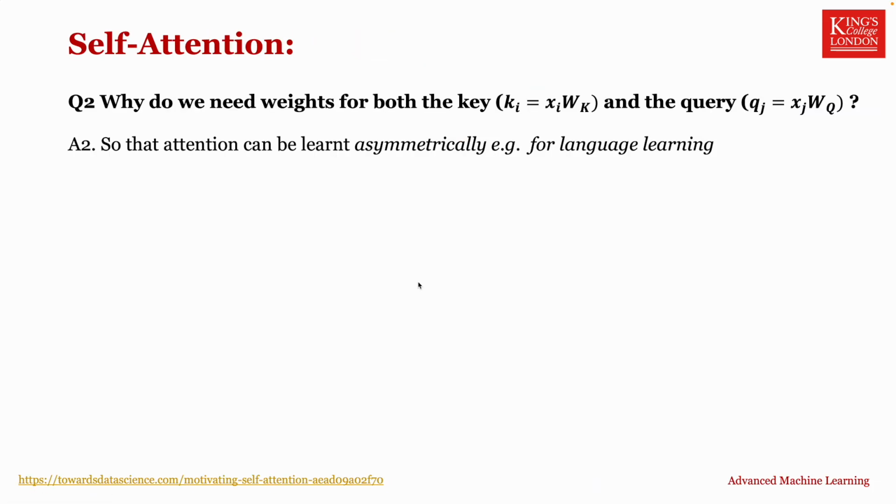Okay, so now we know the purpose of the value, and we know that we need some weights in order to learn different models of the sequence for different layers of our network. But why do we need weights for both the query and the key? This is so that we can learn asymmetric representations between tokens and words, where I found this perhaps easiest to understand in the context of language, partly because of reading this really excellent blog.